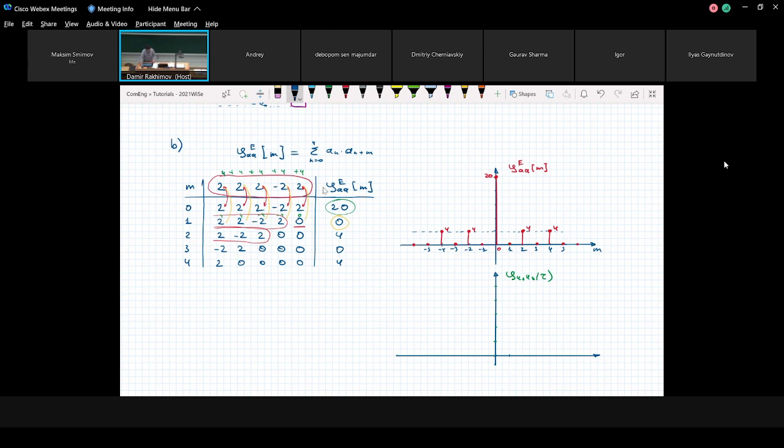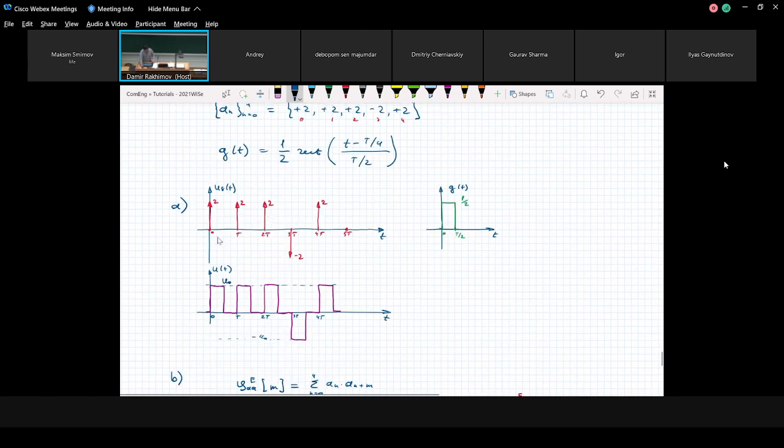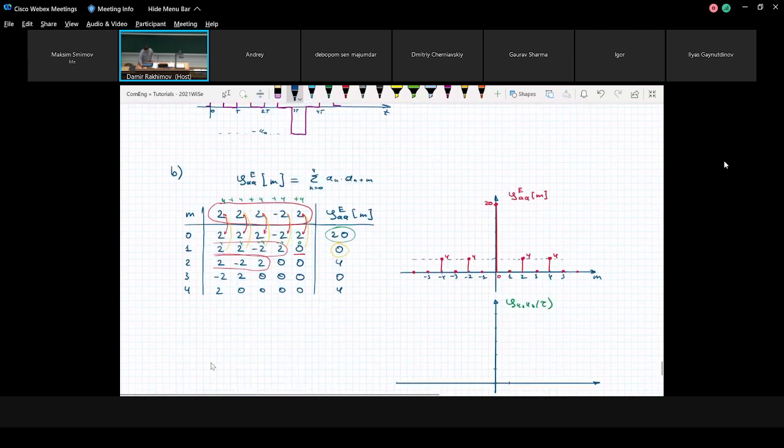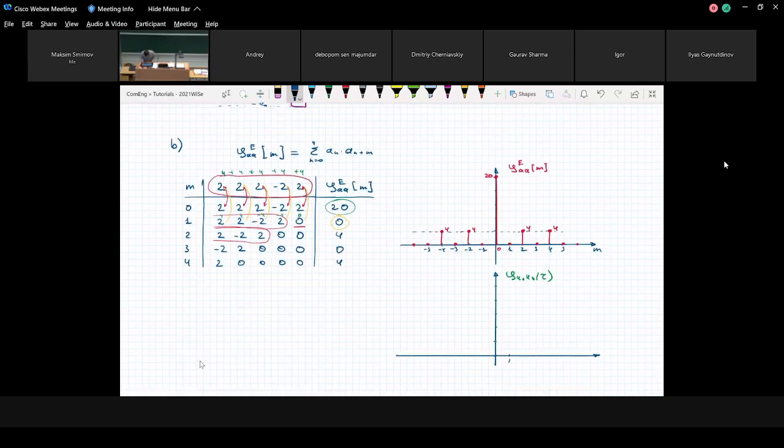If we look at our original problem, the spacing between delta pulses goes to T. Instead of this integer quantity, we place T, 2T, 3T, and so on, five T. Also we have minus T, minus 2T, minus 3T.